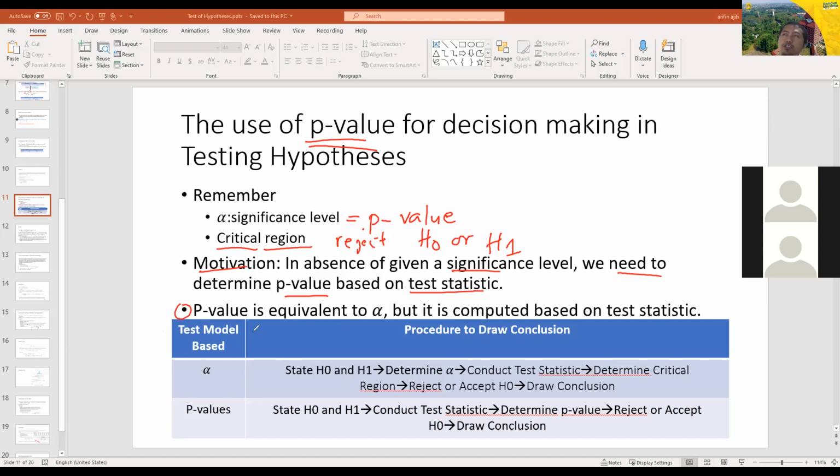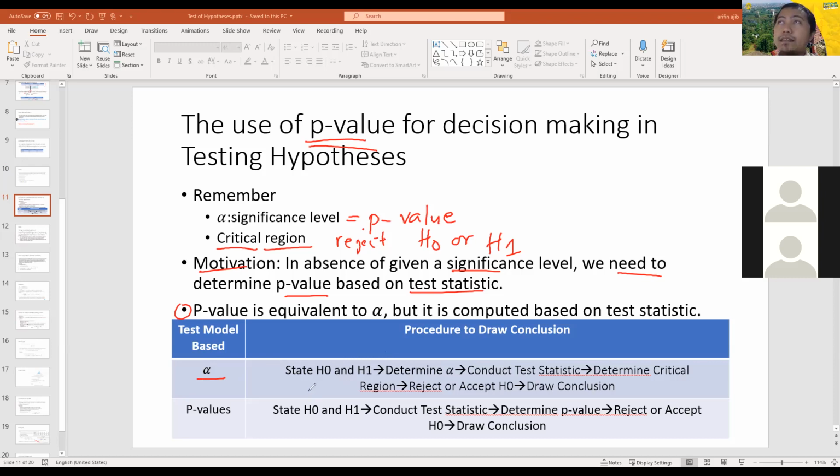You can see from the table. I hope this table gives you more clarity on when we use the significance level and when we use the p-value. In conventional hypothesis testing, we usually use the significance level.